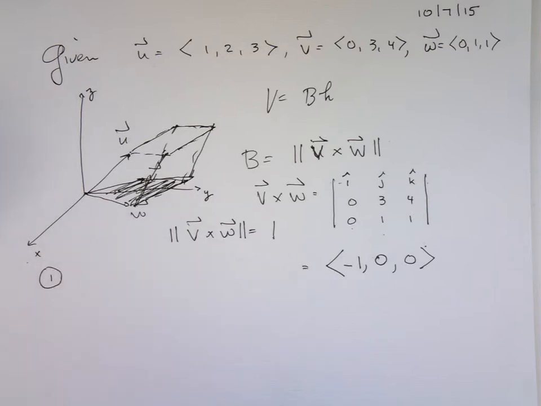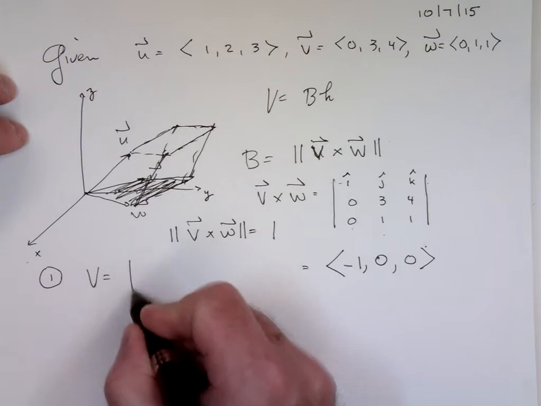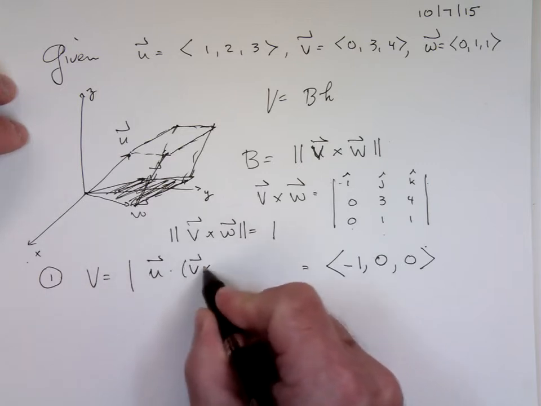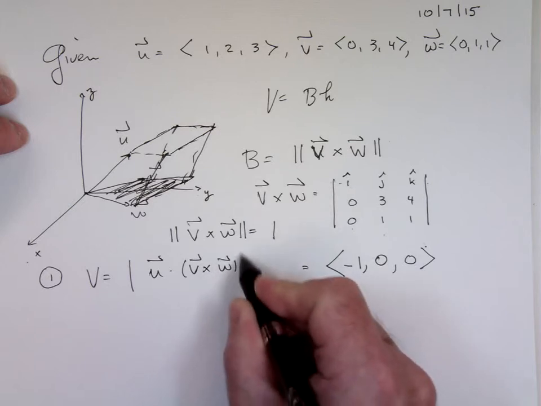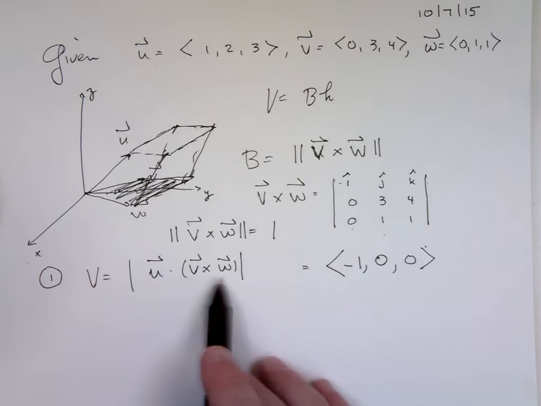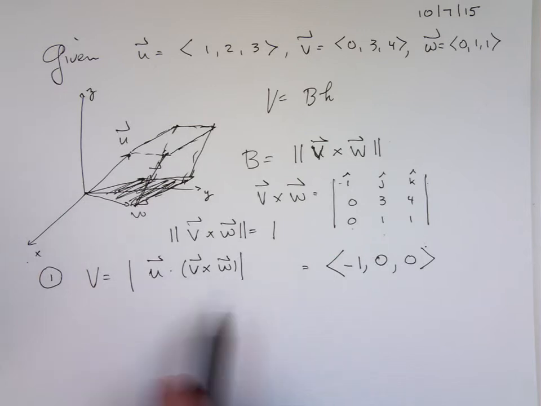First way, I'm going to calculate the volume first. Volume is equal to the absolute value of U dot V cross W. The absolute value is necessary because it depends on the order that you do V and W. If you did W cross V, you get the opposite of this, and this is giving us a negative here.